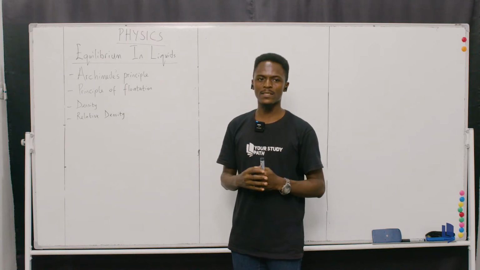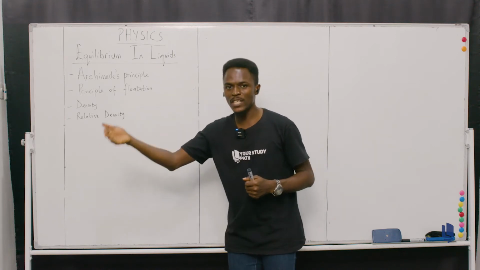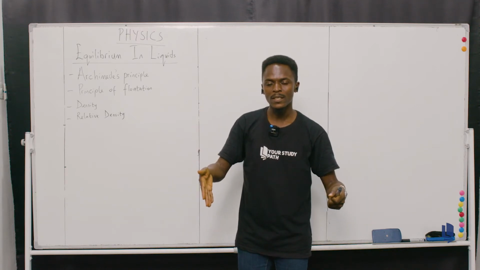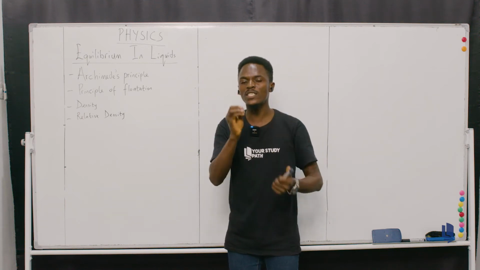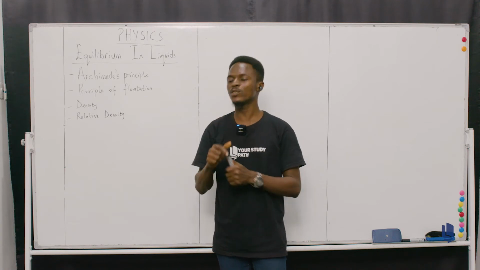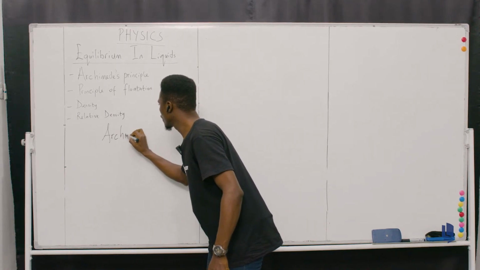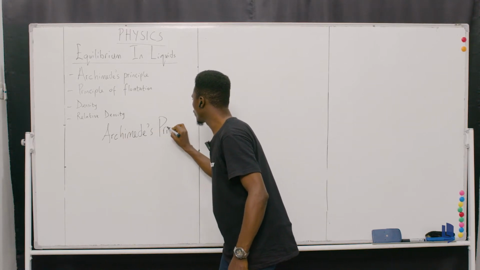And what does it say? It states that when a body is partially or fully immersed in a liquid, in a fluid, it experiences an upthrust which is equal to the weight of the fluid displaced. Let's have it on the board. So you can write Archimedes' principle.